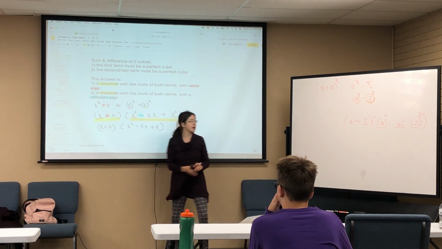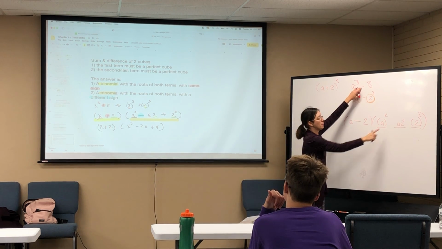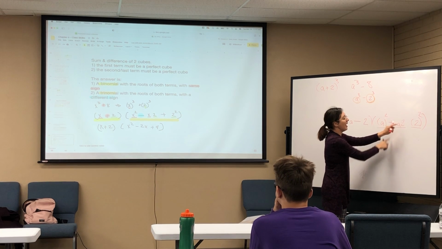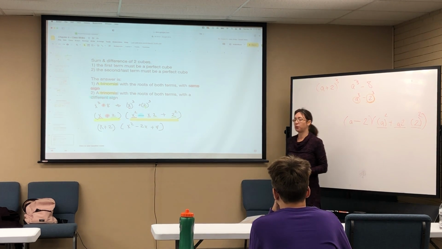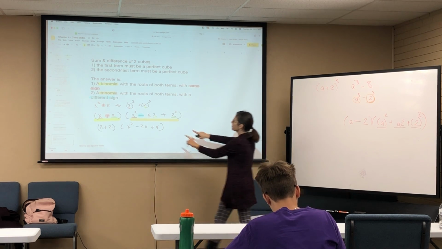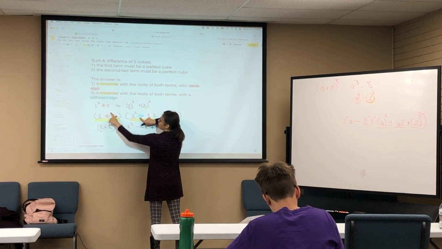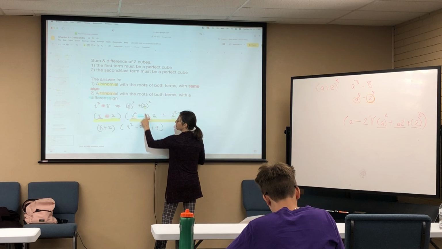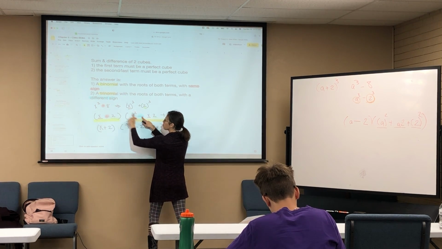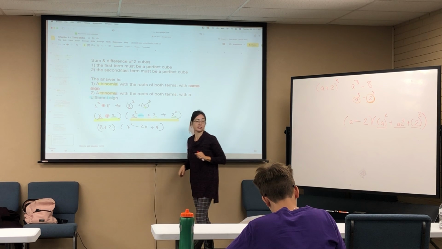If I start with subtraction, my first sign will be addition. And the last sign is always positive. Okay? So the two signs that you're worried about, the one of the binomial and the first one of the trinomial, the binomial must match, the trinomial must be opposite.